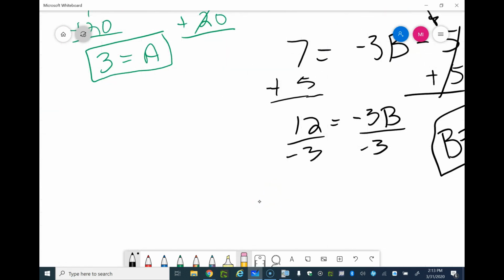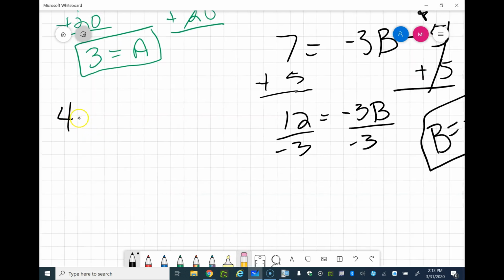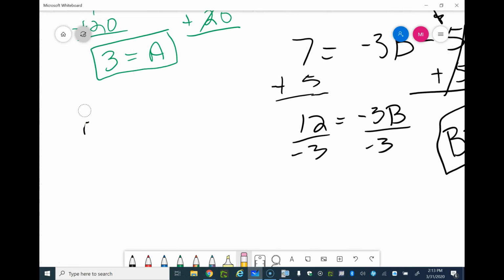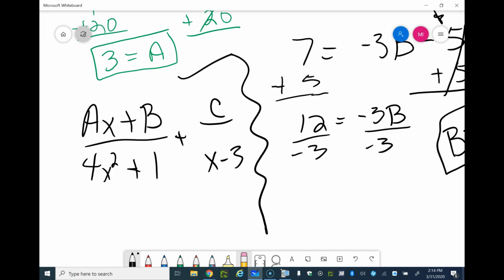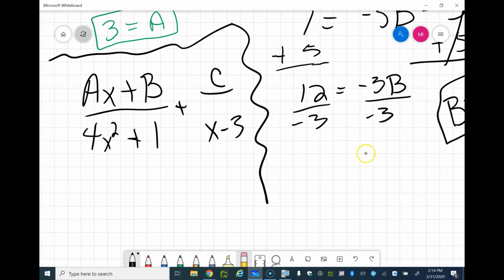So now we go back to the original problem where we had it set up. So this is what the setup looks like. We had the Ax plus B over 4x squared plus 1 plus C over x minus 3. So for this one here, what is my A?